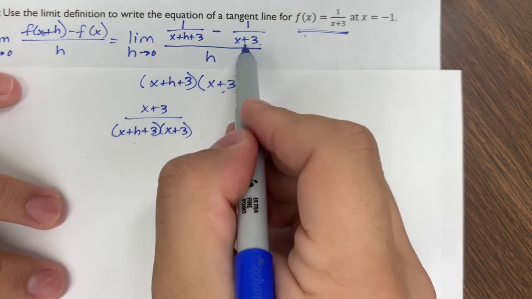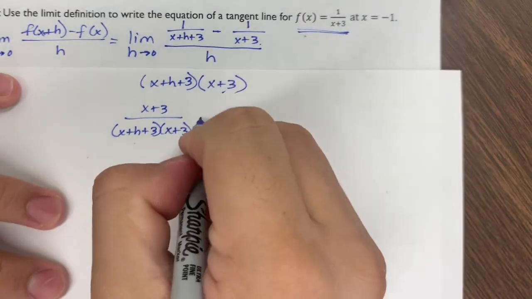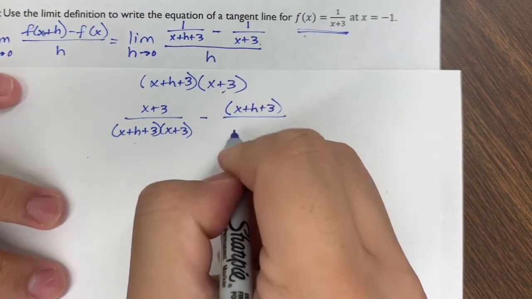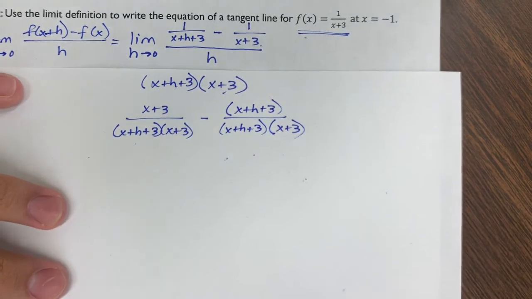And multiplying the second by x plus h plus 3, I get minus x plus h plus 3 over x plus h plus 3 times x plus 3.